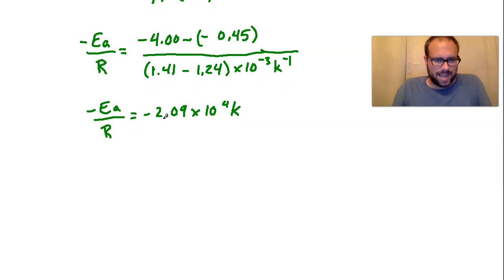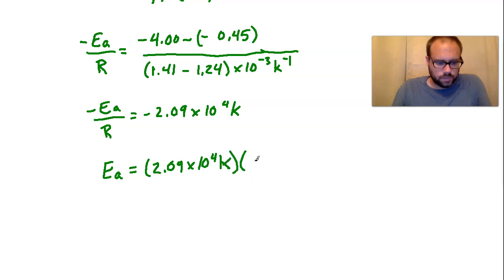And because this is negative, we'll also ditch the negative, meaning I want it to just be equal to activation energy, not negative activation energy. So I get rid of the negative over here, and I put 2.09 times 10 to the 4th times the constant, which is 8.314 joules per Kelvin mole.